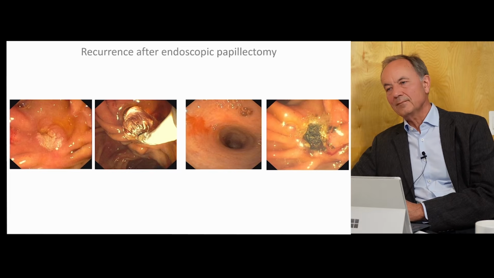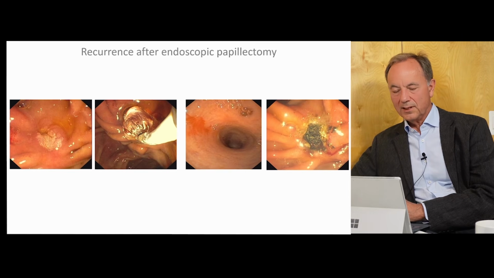So in some patients, in elderly patients with comorbidities, and the histology showing just submucosal cancerous invasion, you can consider a wait and see policy with a close follow-up. But otherwise, in case of adenoma, even with high-grade dysplasia, we follow the patients after 6 months.